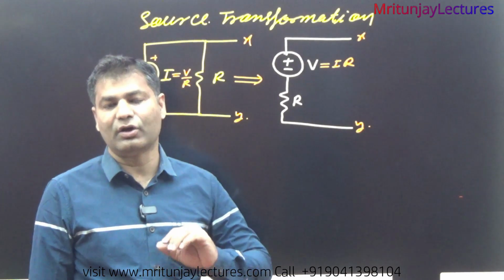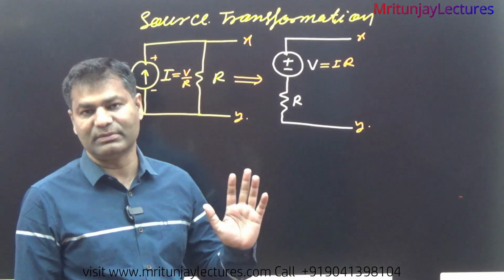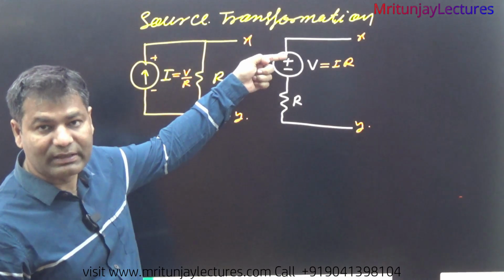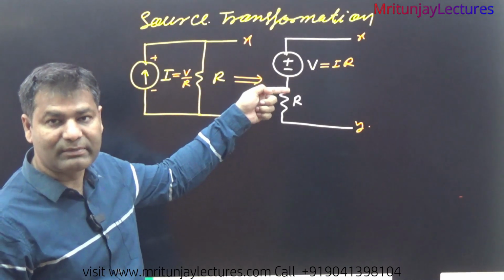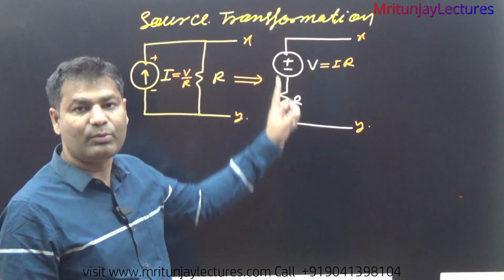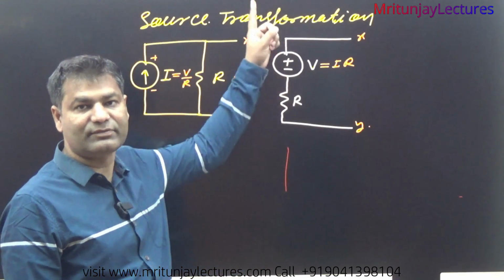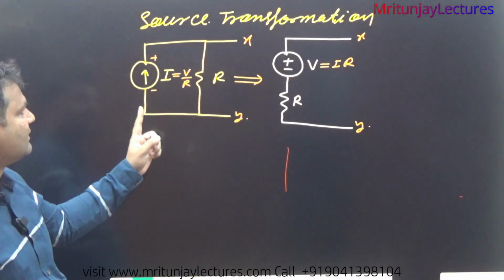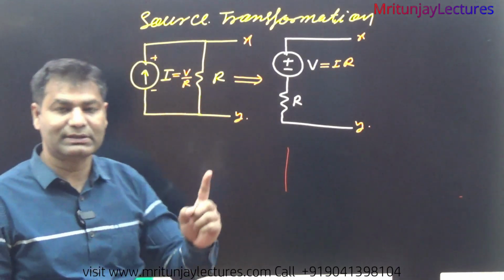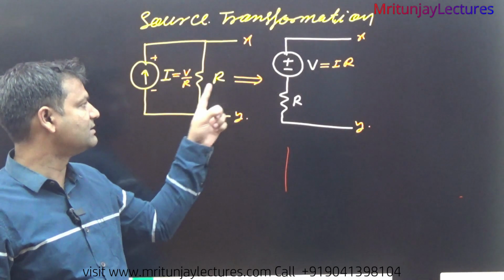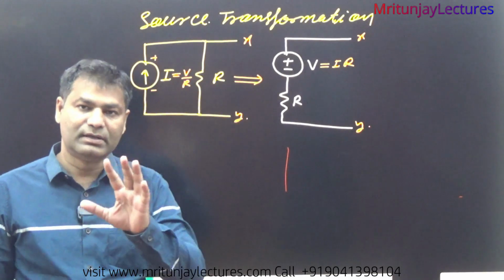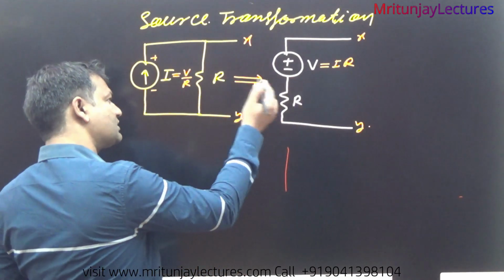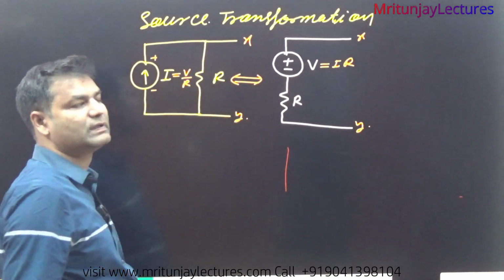Current always leaves from the positive terminal. So if the voltage source polarity is upper plate positive and lower plate negative, the current leaves from the positive terminal, so the direction of current is like that. And the resistance is connected here. So the voltage source is converted into a current source.